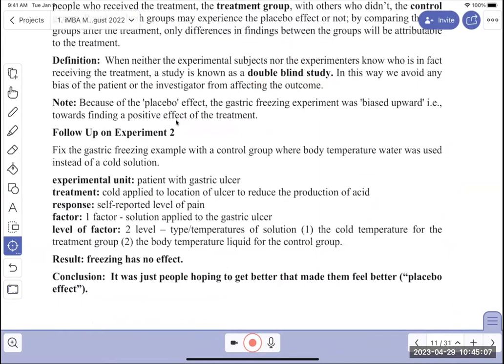So all of the tubes and all of the solution bottles should be labeled with numbers, but not any clear labeling that defines them as treatment or control, right? So that's not even in the study above, because there is no control group.